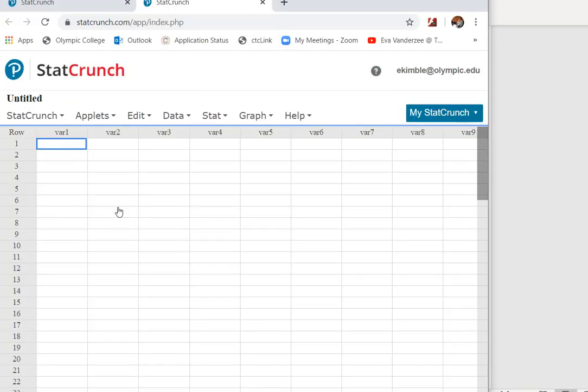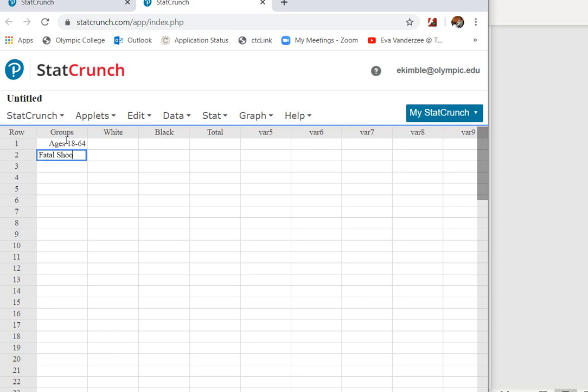All right, so when we open up StatCrunch, the first thing that we want to do is change the above to the names of our rows and columns. So what we're going to have is groups: white, black, and total. Then for groups, we're going to have ages 18 to 64.